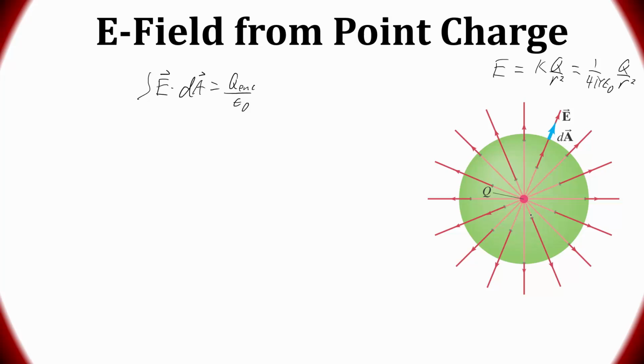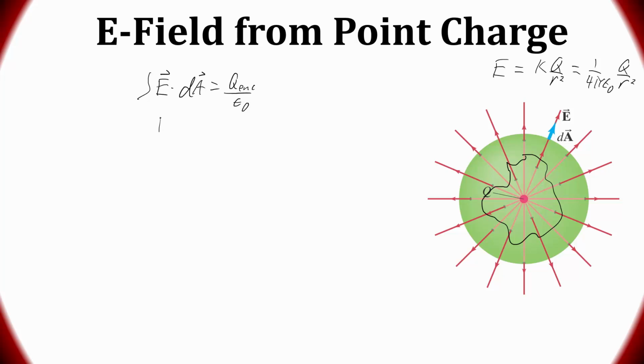This is the same Gauss, by the way, who gave us Gaussian distributions. Smart guy. Anyway, I can choose some odd-shaped surface and make things very hard on myself, or I can choose a nice spherical surface, in which case the electric field is perpendicular to the surface at all points, and it is also an equal magnitude as long as I'm at an equal radius. So as long as my sphere is centered on that charge, then this becomes really easy.